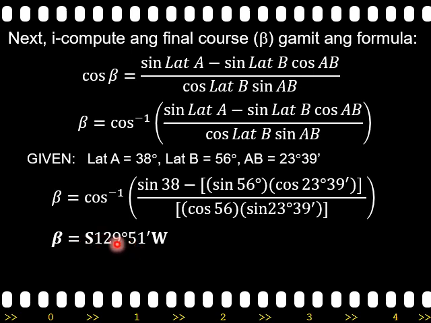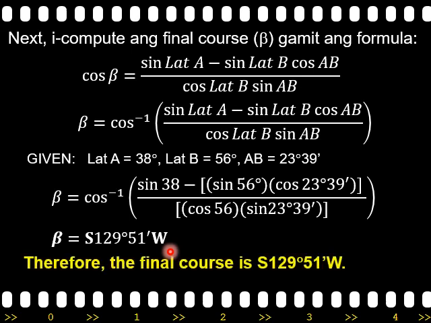So, again, ito medyo convention na to, pero yun sa directions, i-discuss yan ng inyong navigation instructor kung ano yung mga rules dyan. So, in this case, the final course is 129 degrees, 51 minutes west of south.